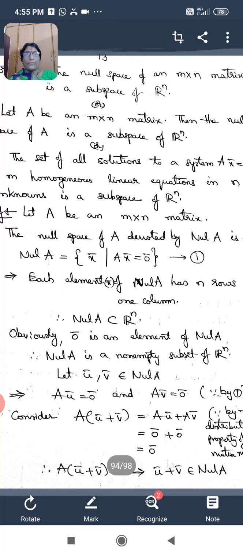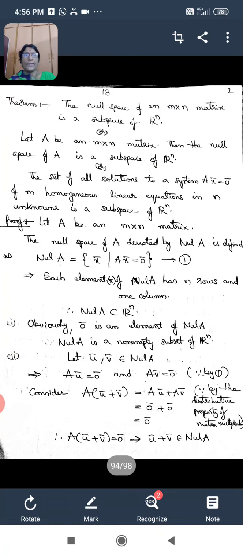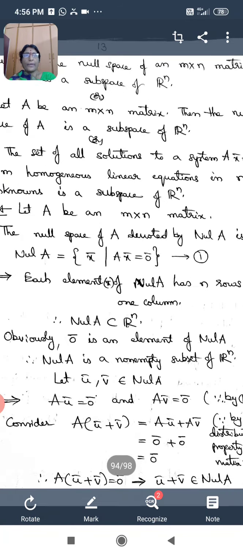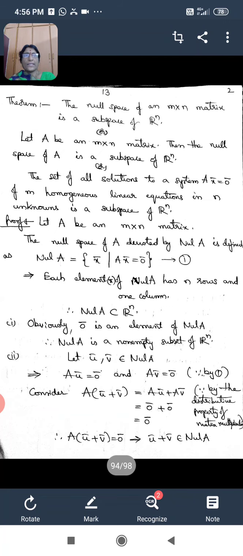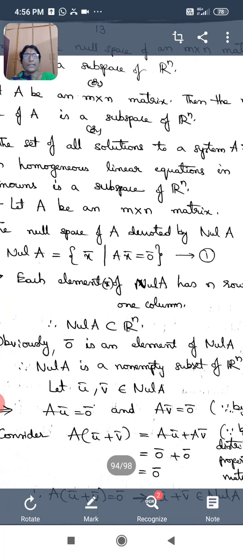When multiplied with the given matrix A, if they give rise to 0 bar, then all such column vectors are the elements of the set null A. That means null A consists of all n by 1 column vectors which satisfy the equation Ax bar equal to 0 bar.